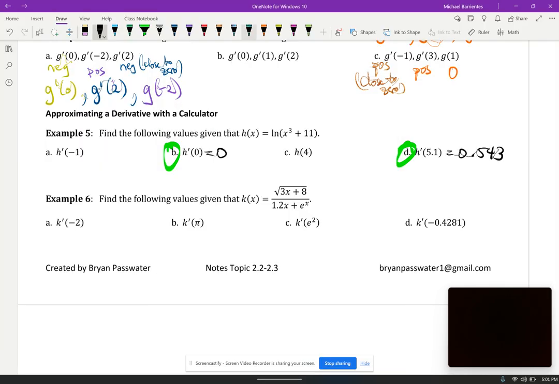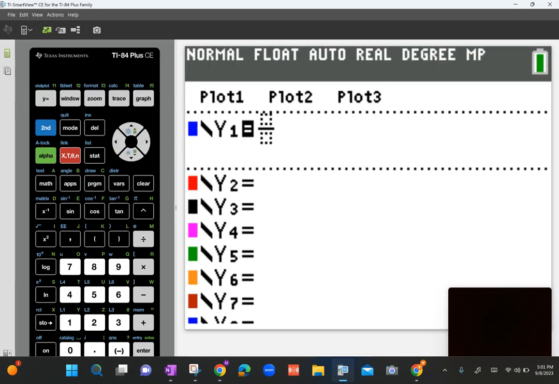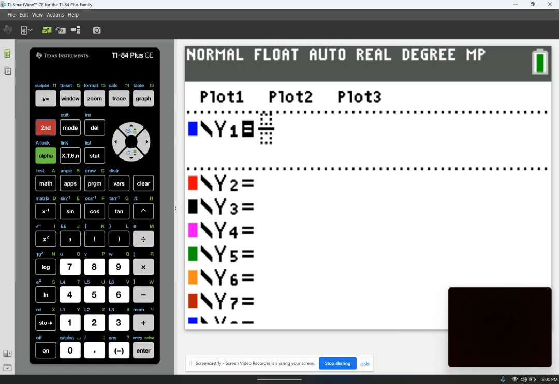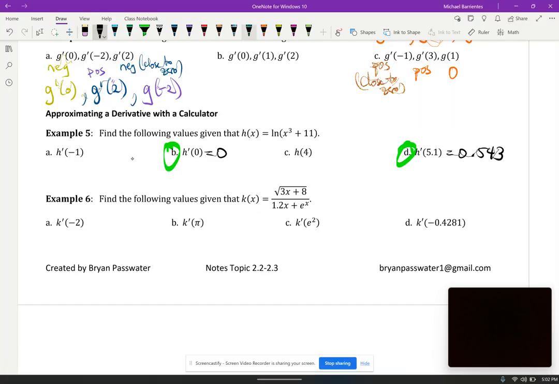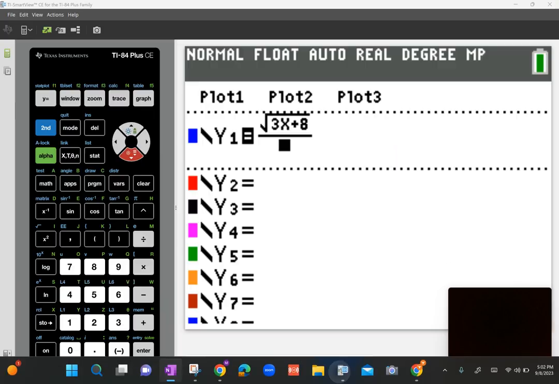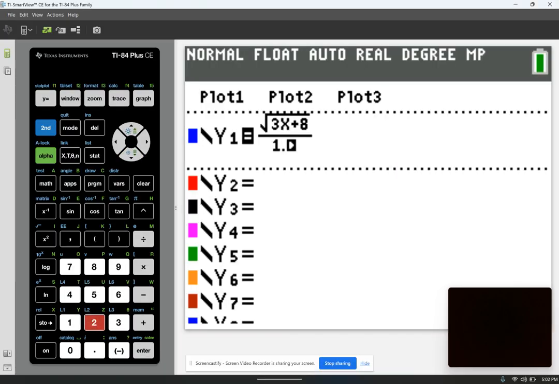And my equation was square root of 3x plus 8. And then in the denominator was 1.2x plus the exponential, which is e to the x, which is right there.